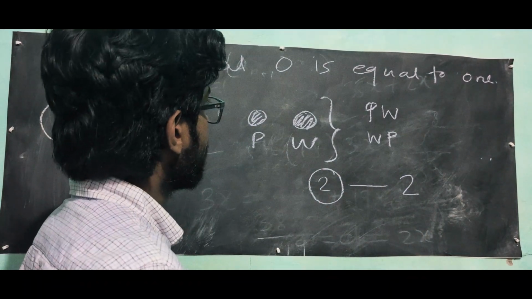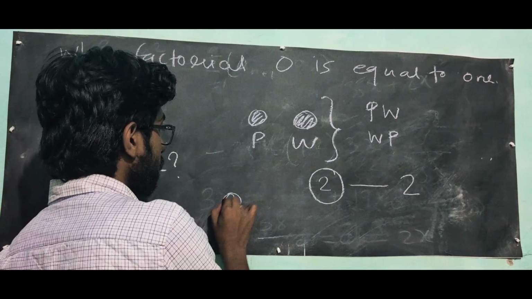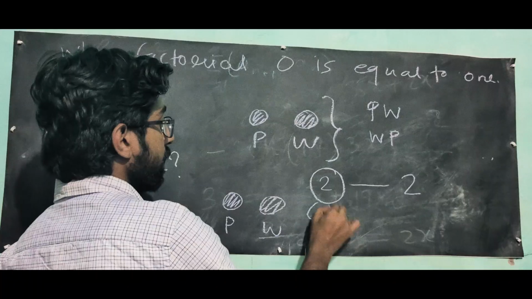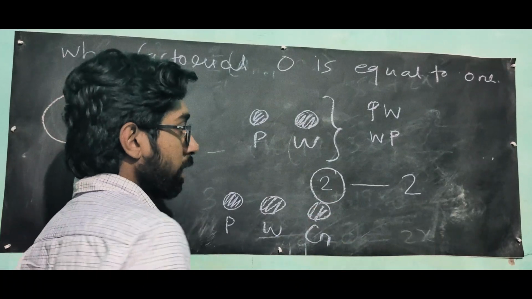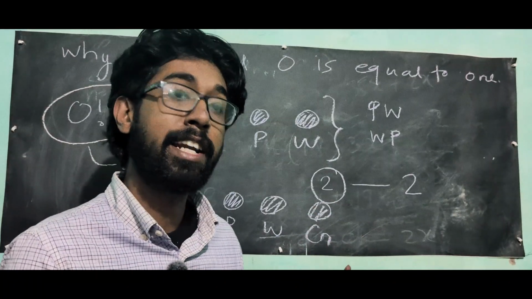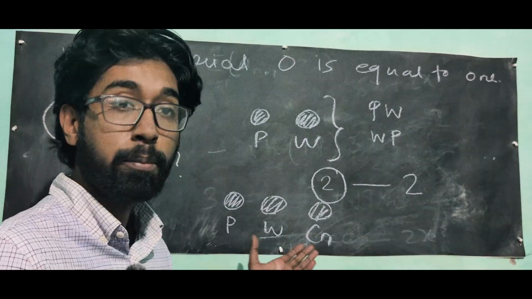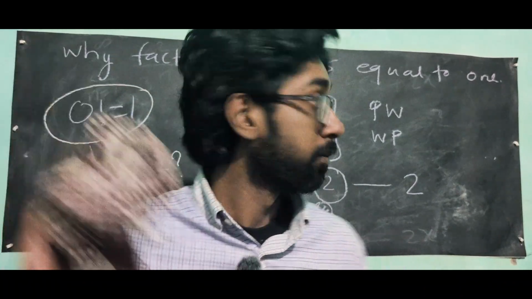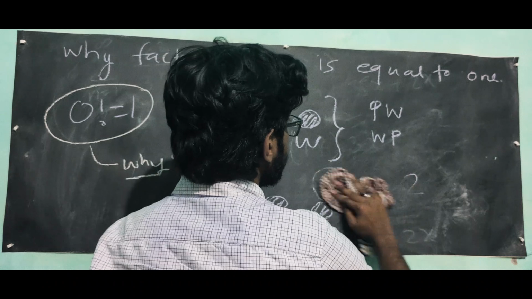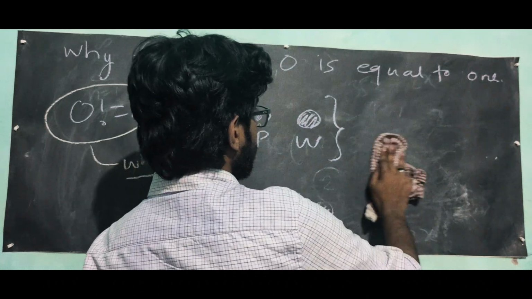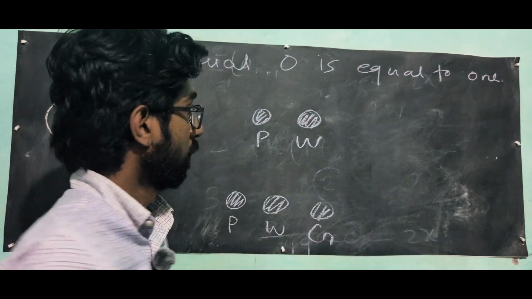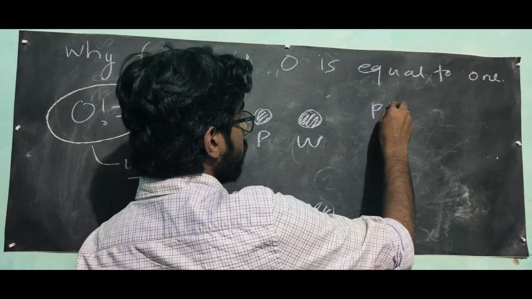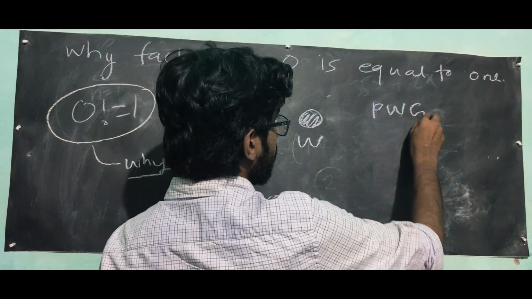What happens if we take three objects, for example a purple, a white and a green ball? How many ways can I arrange these three objects? First I can put purple, then white, then green.